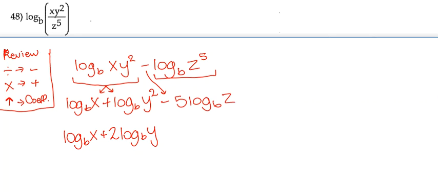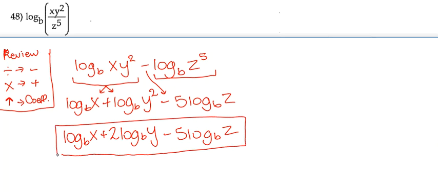And there's nothing more that we can do to that log, so that's going to be part of our final answer, which is log base b of x plus 2 log base b of y minus 5 log base b of z. And that's the most expanded form you can have for this logarithmic expression using the properties of logs.